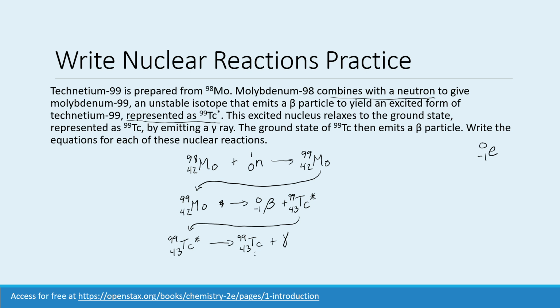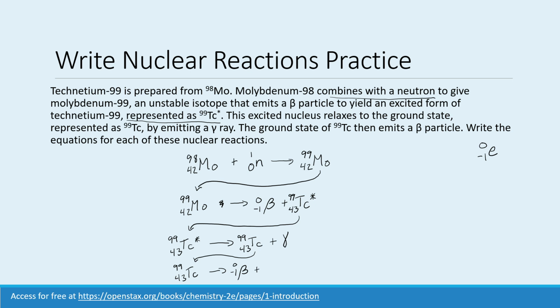And so we would have one more reaction where we start off with the ground state of technetium-99 and it emits a beta particle. Okay, so they don't tell us what the other product here is, but we can figure that out, right?